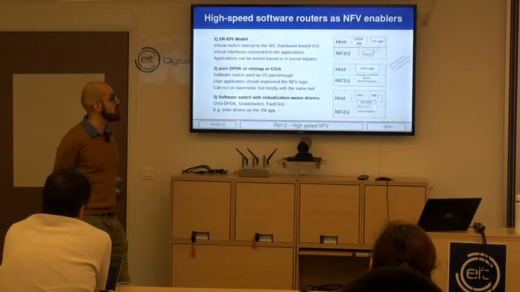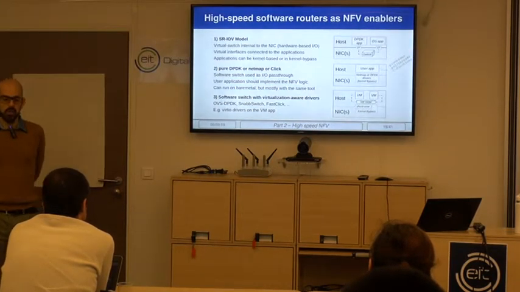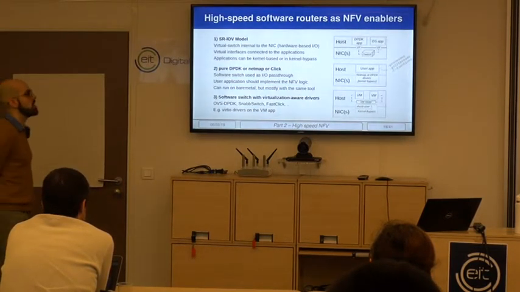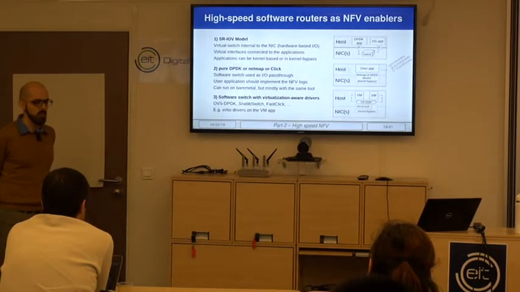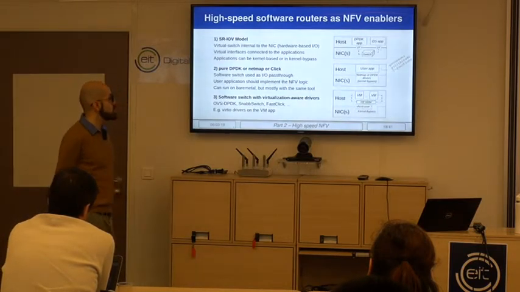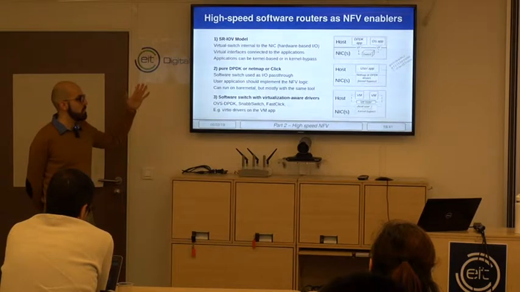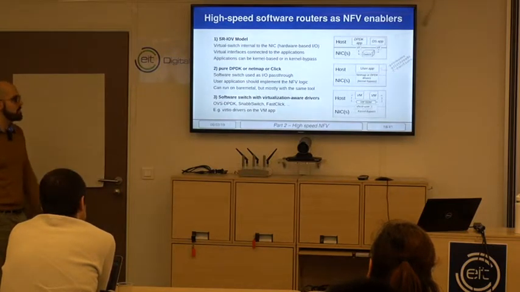Now, why do software routers have an important role in NFV? Because they can enable what is achieved nowadays in NFV networks. So there are many different possibilities on how to implement NFV.